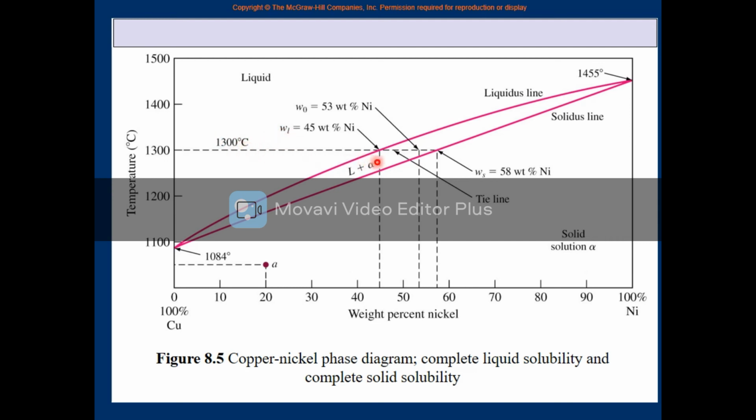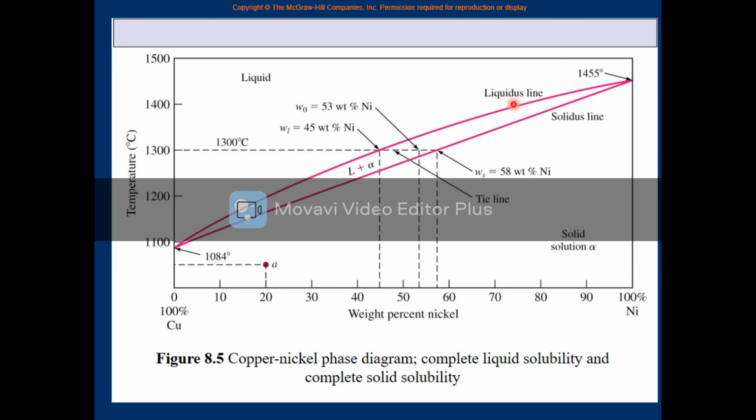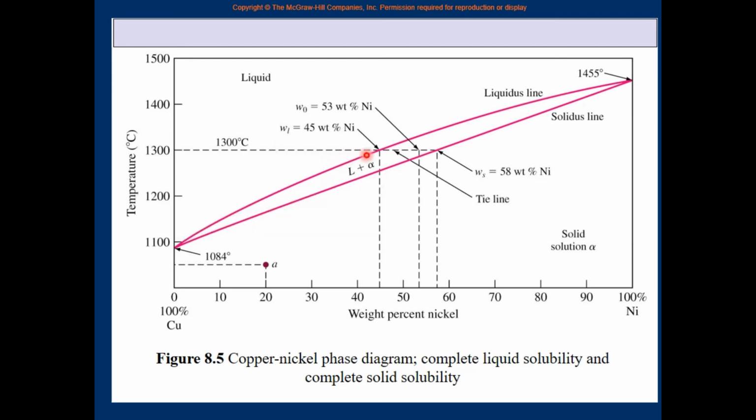The portion of the temperature line which is between liquidus and solidus is called the tie line. So you have learned three new words on the phase diagram: liquidus, solidus, and now tie line. Now this temperature line cuts the liquidus at this point, and it cuts the solidus at this point.